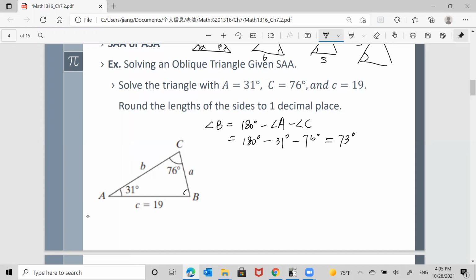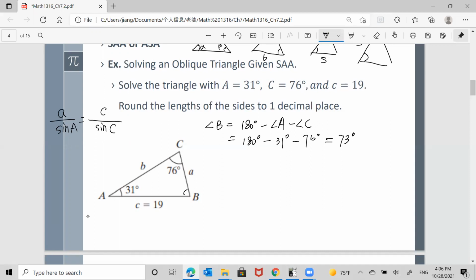Now we use the law of sines formula, because the given information has angle C and the length of side c. So this part is given, and a is the side opposite angle A, which we are looking for.